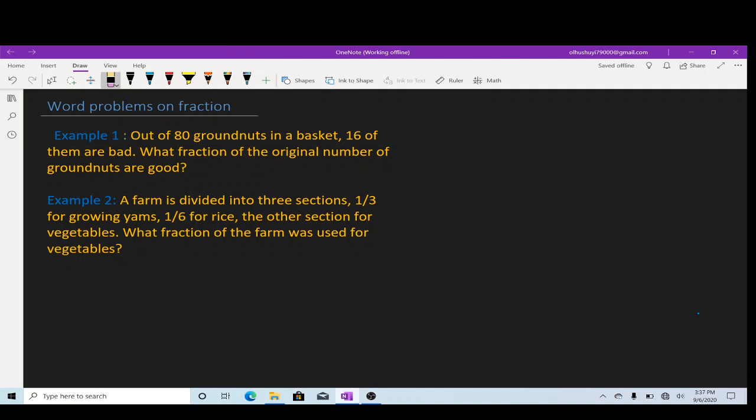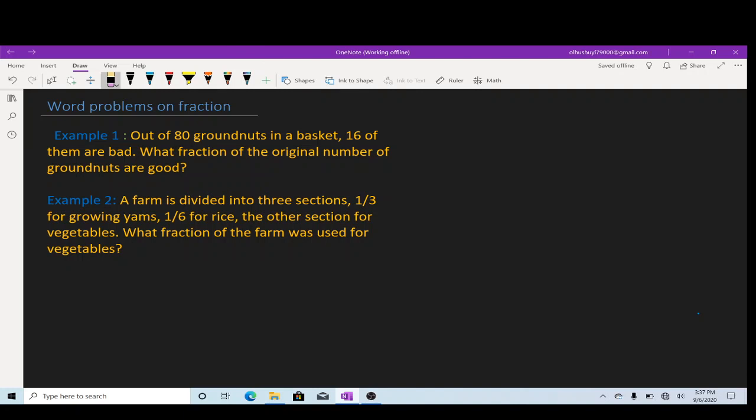Two things are important there. One, you need to first note the number of granules that are good. Then, having gotten that, you will get the fraction of the number that are good. Can we move on? Yes.